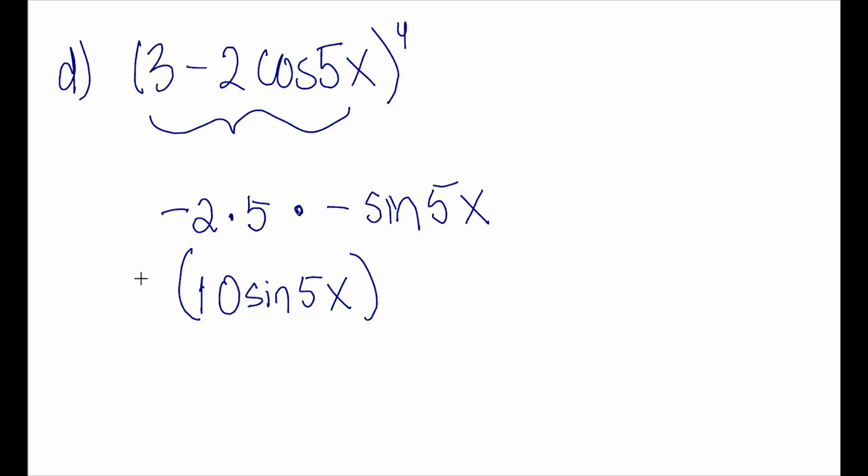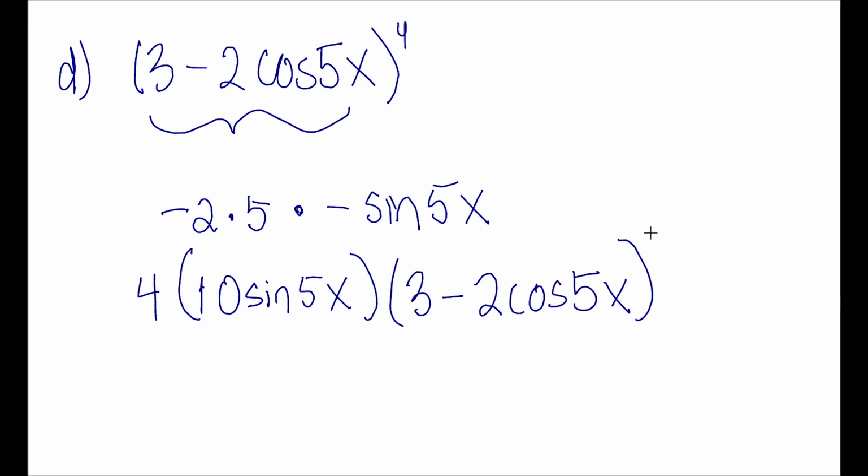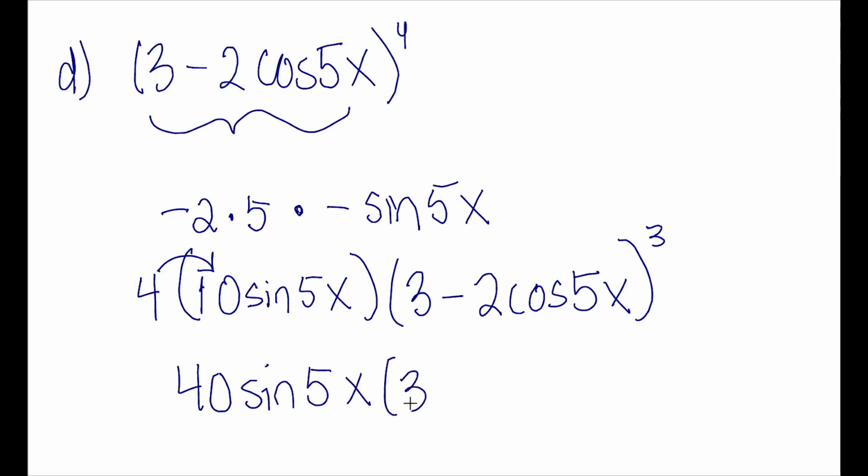We multiply that by the exponent, keep everything in the parentheses the same, and subtract 1 from your exponent. So we can simplify just by distributing this 4. And the derivative is 40 sine 5x times 3 minus 2 cosine 5x to the power of 3.